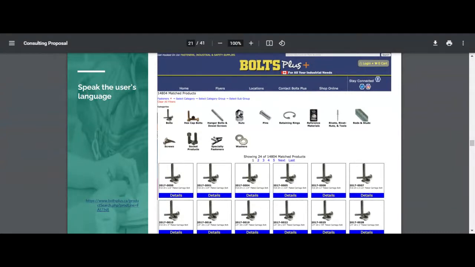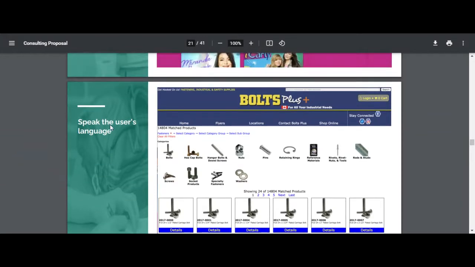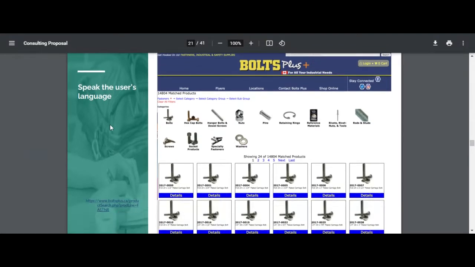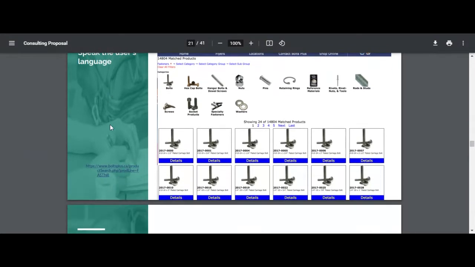Bolts Plus. Okay, so home, flyers, location, contact Bolts Plus, shop online. I think these elements speak our language, personally, but again, I'm not the user. And then we have our search bar, login, cart, search, and we see items, bolts. If you're looking for these items, the chances are you know what they are.